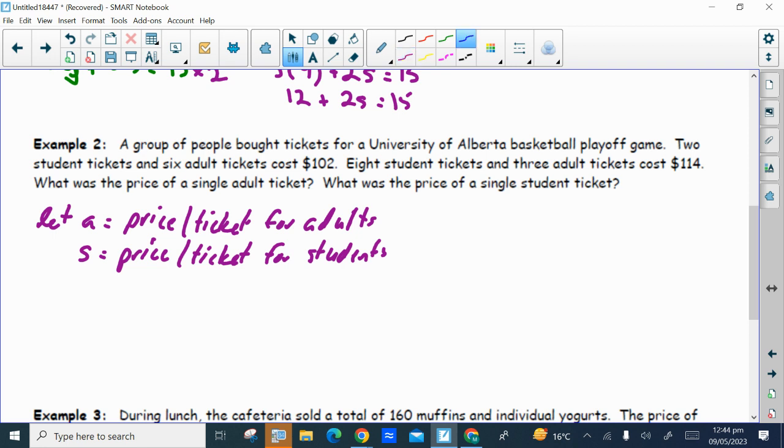And then we will write our equations. 2 student tickets, so that's 2S, plus 6 adult tickets would be 6A, is a total of $102. 8 student tickets, which would be 8S, plus 3 adult tickets, 3A, equals $114. There's our 2 equations.